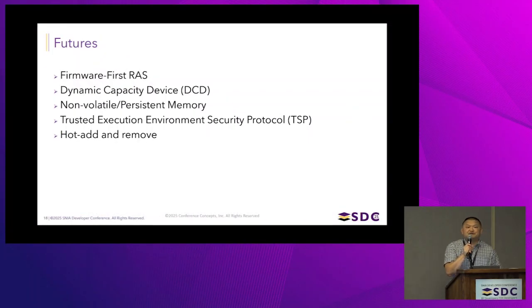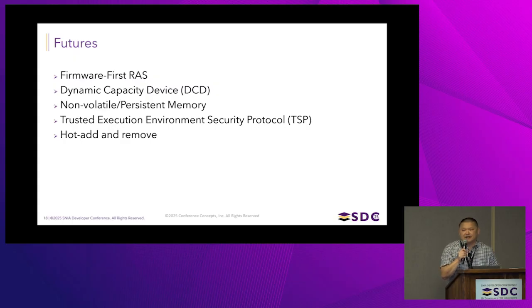In terms of futures, like I mentioned earlier, we have server OEM partners that want firmware first. So whenever we declare official support in Windows, we will add firmware first RAS handling.